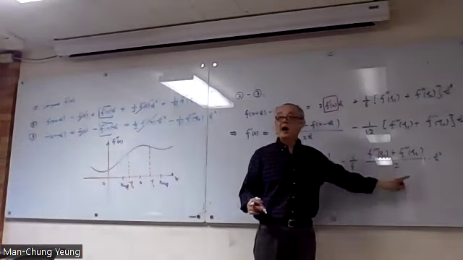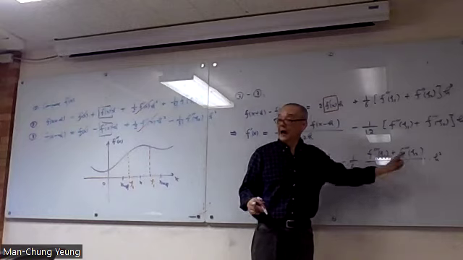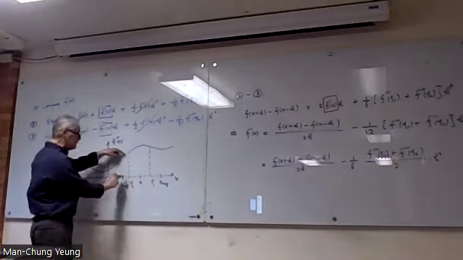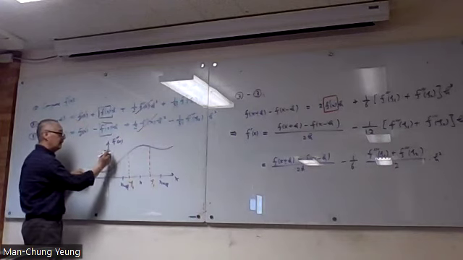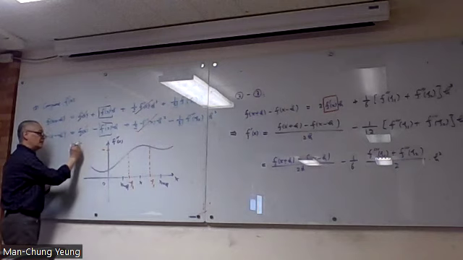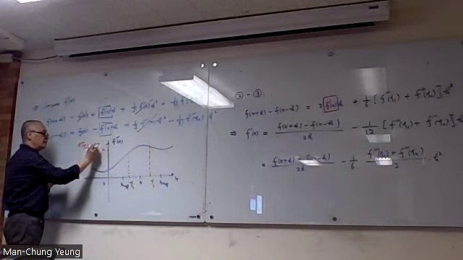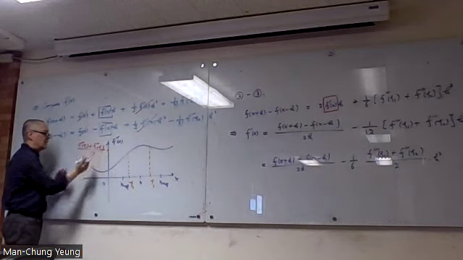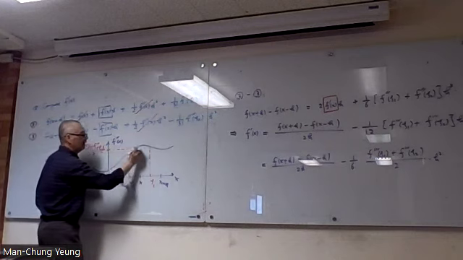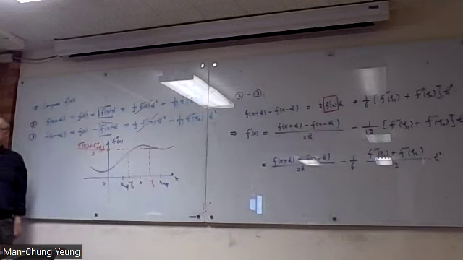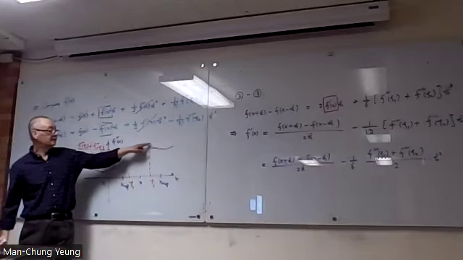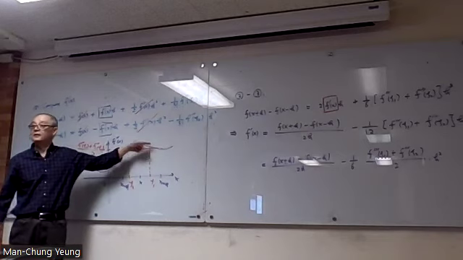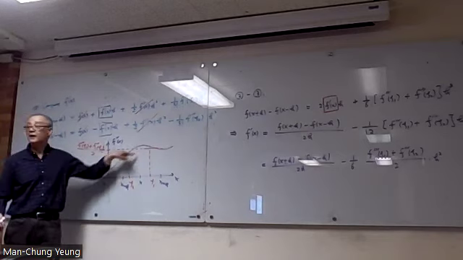Now take the average of the heights. This height plus this height, take the average, about here. This is the function value at psi 1 plus the function value at psi 2, averaged. So the average is about in between.